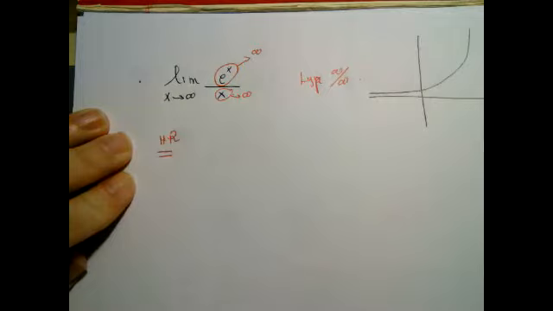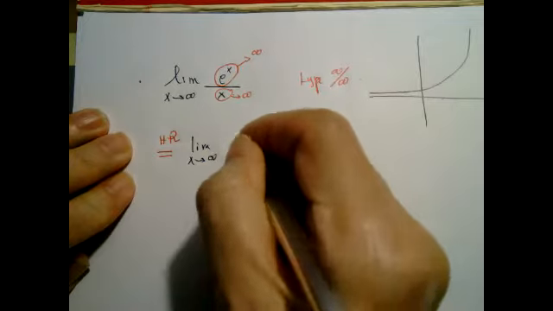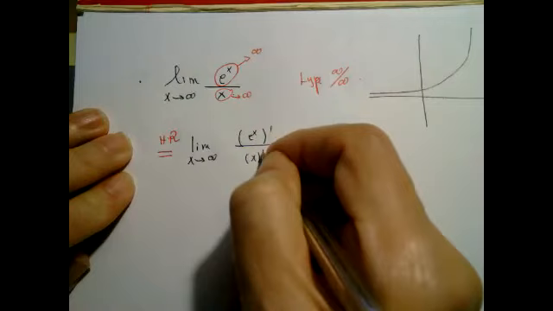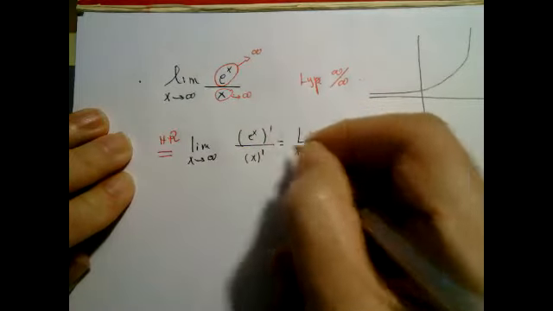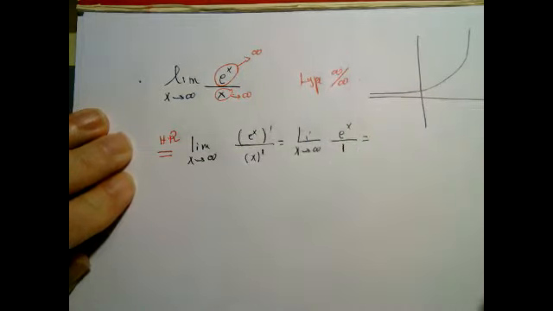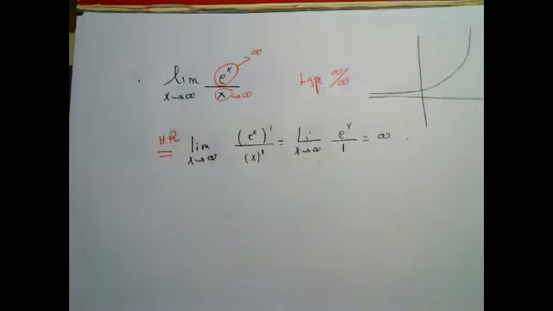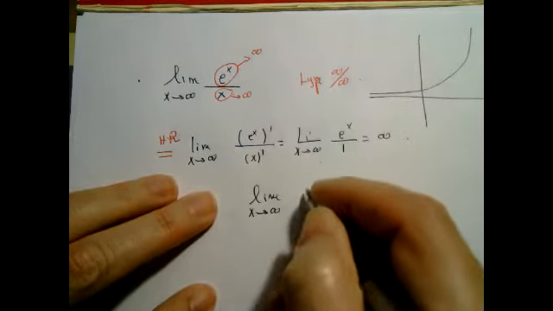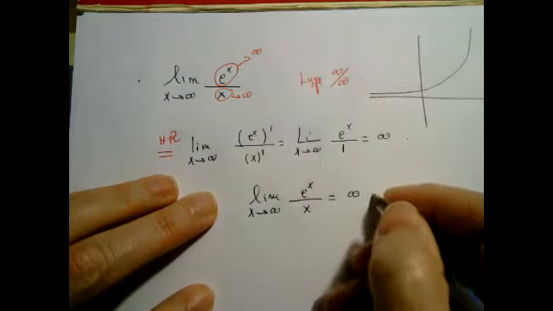So this is equal to the limit as x goes to infinity of the derivative of e to the x over the derivative of x. Means the limit as x goes to infinity of e to the x over 1. Now when x goes to infinity, this goes to infinity. Okay, so the limit as x goes to infinity of e to the x over x is equal to infinity.